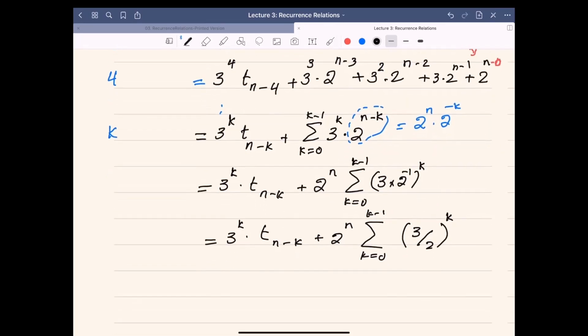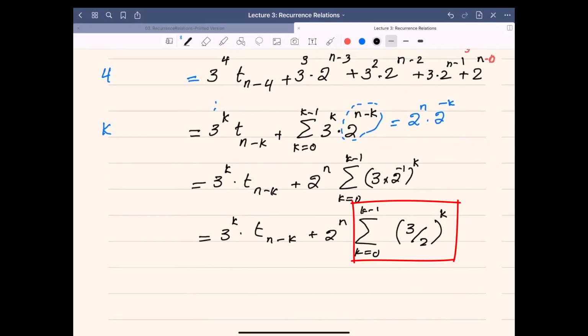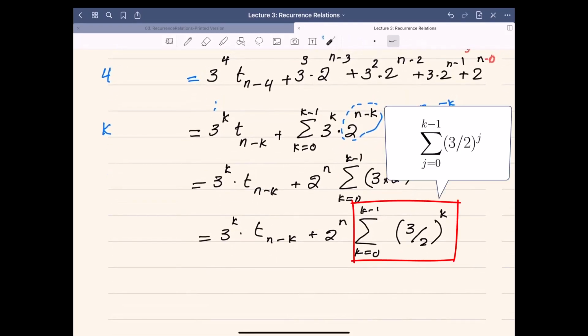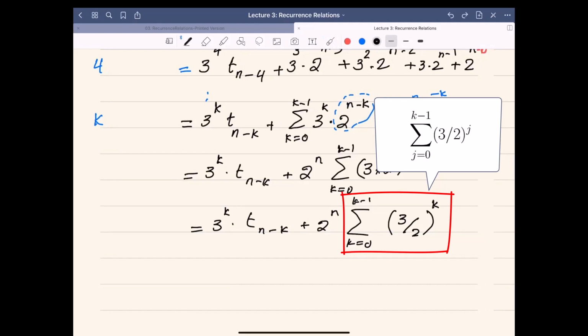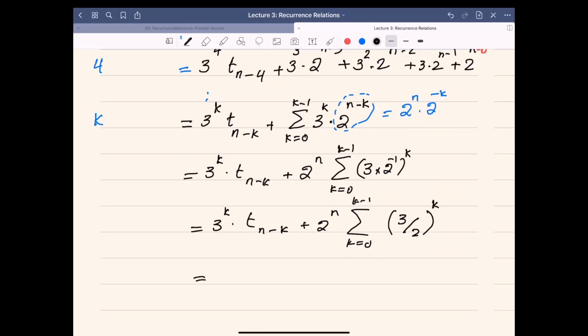This is a geometric sequence or series. This equation is a geometric sequence and starts from 0. We will find the corresponding value for this summation as a closed form. So what is the closed form equation now for the last step? This is going to be equal to 3 raised to power k times T_{n minus k} plus 2 to the power n.